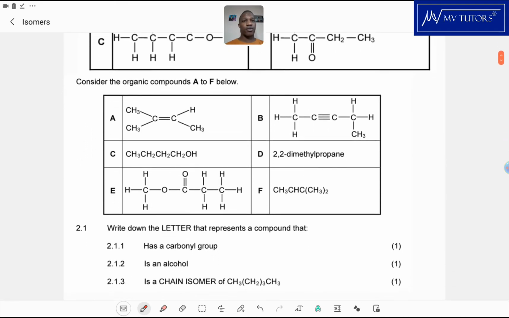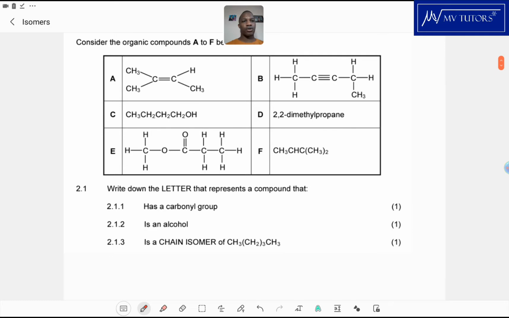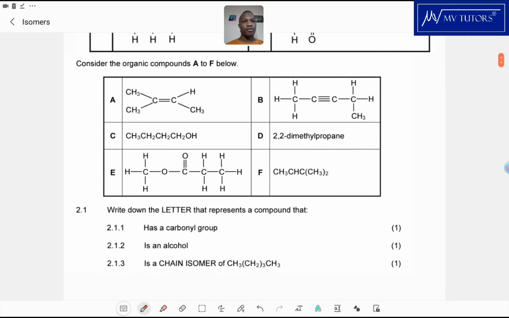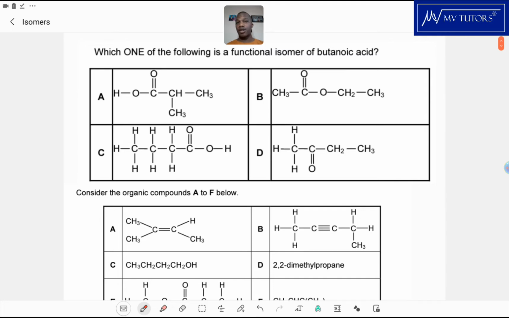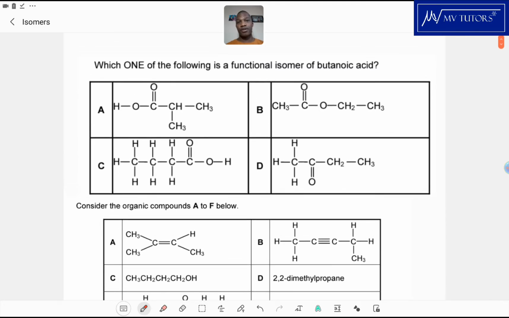And then we've got question 2, which is going to ask for a chain isomer. So we'll answer these questions as well. If you can't answer any of these questions, stick around and let's get through it. Hopefully by the end of this session, you will be able to tackle these questions.